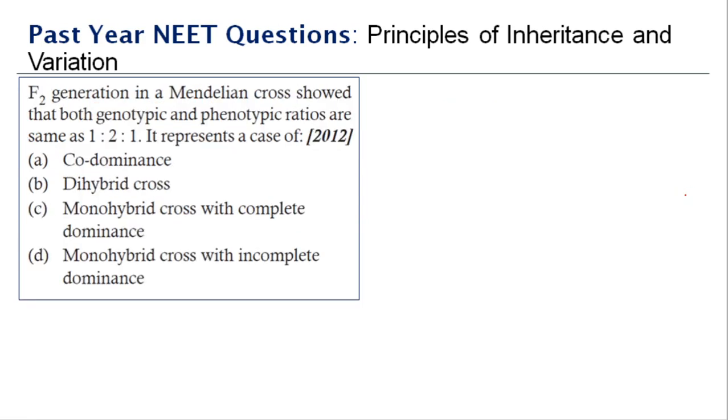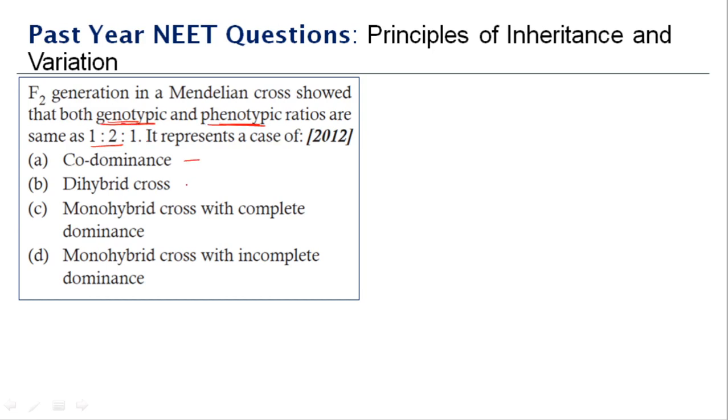F2 generation in a Mendelian cross showed that both genotypic and phenotypic ratios are the same, 1:2:1. It represents a case of what? In the normal case, the genotypic and phenotypic ratios are different: 1:2:1 and 3:1. But here both the ratios are 1:2:1.